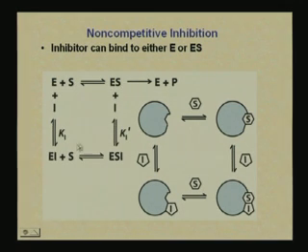So, neither will the EI complex give you the product, nor will the ESI complex give you the product. It is only the ES that is going to give you the product, okay? So, we only have this complex that is going to give us the product. This is not going to give the product, this is definitely not going to give the product, okay?